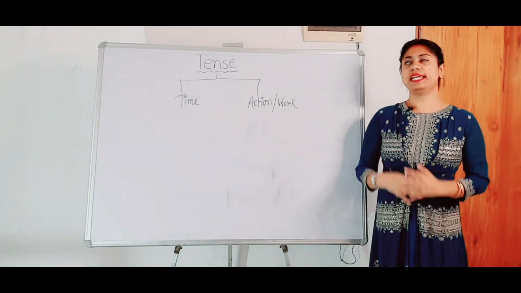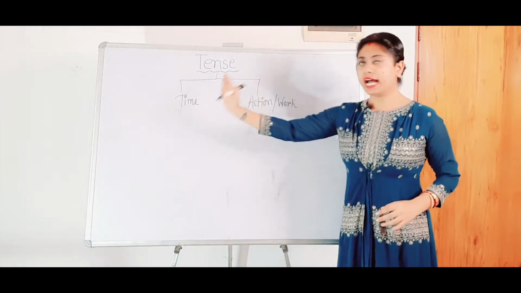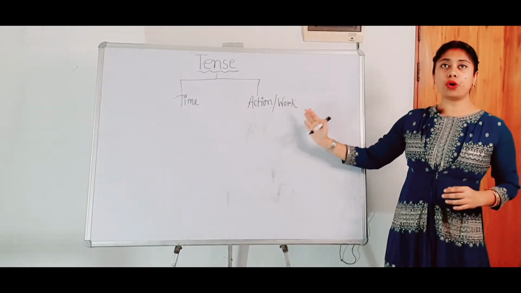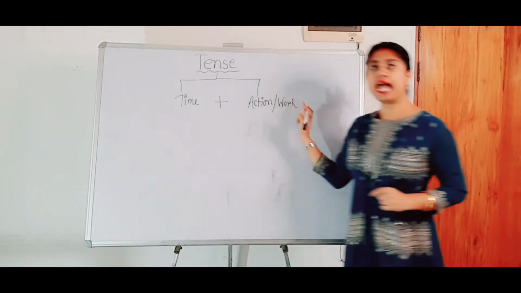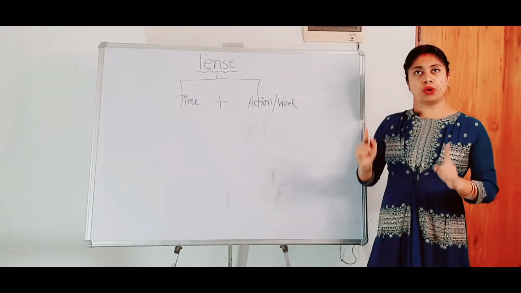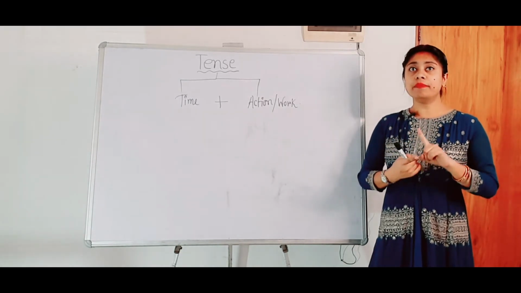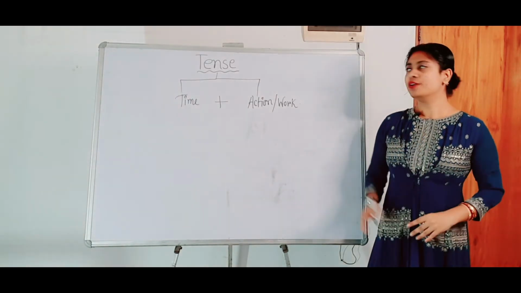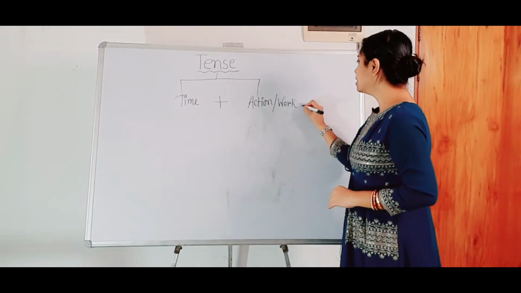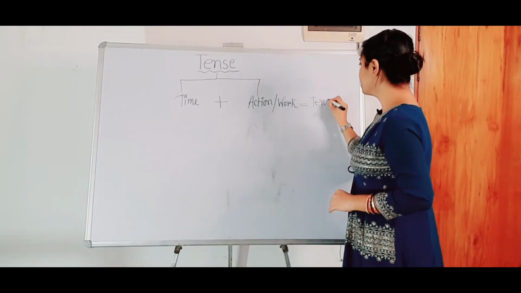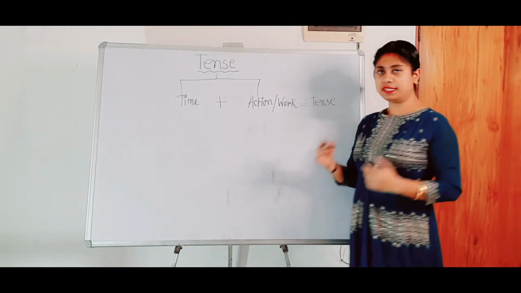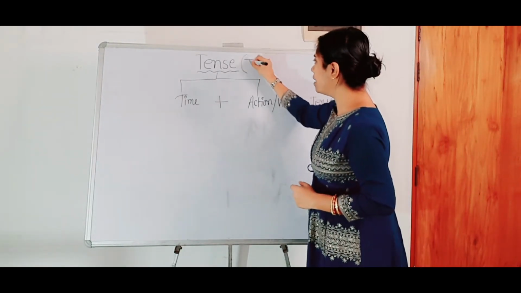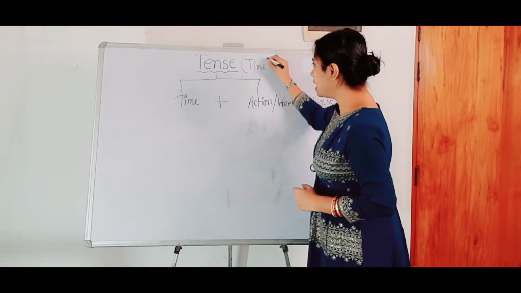So you can say that tense means time and action also. So tense means time plus action. Tense denotes the time and action together. So time and action is tense. In proper form, tense means generally we know time, but not only time.